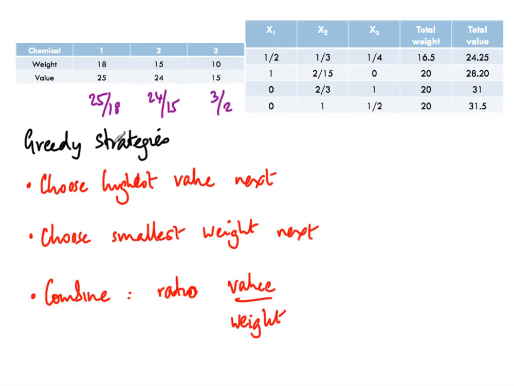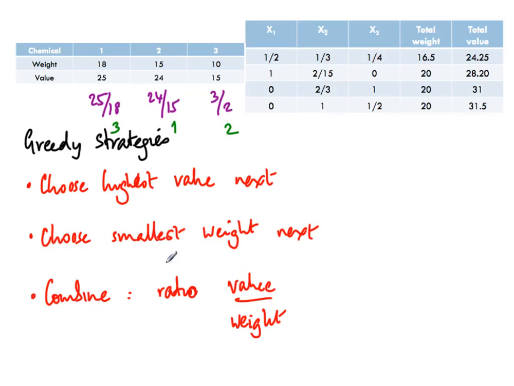So if you look at this particular thing, you will see that actually in this case, this is the highest unit cost, okay, and then this is the second highest unit cost, and this turns out to be the third highest unit cost, right?